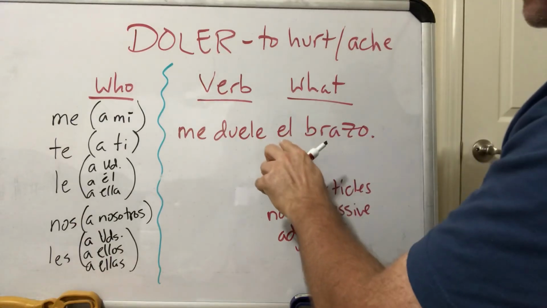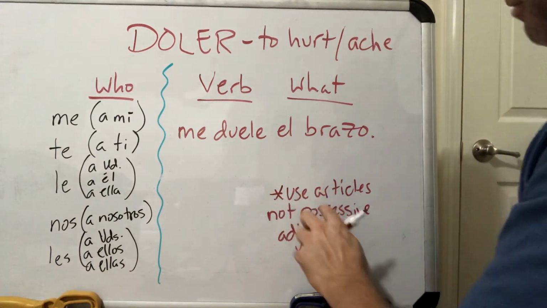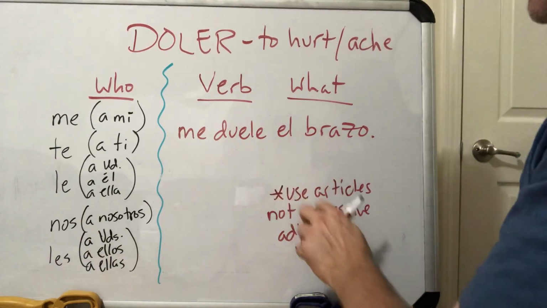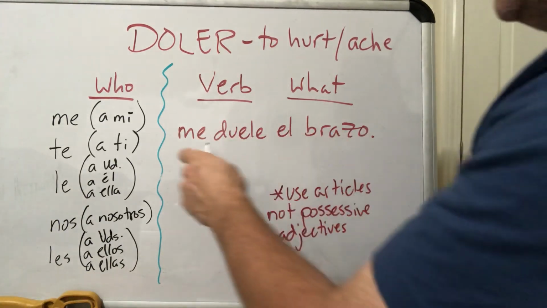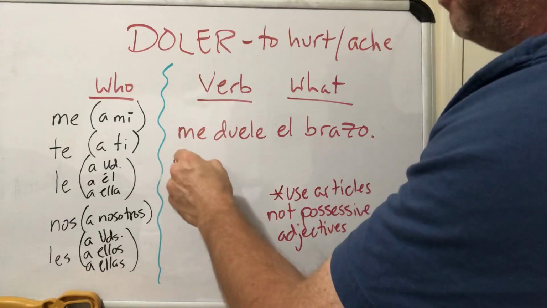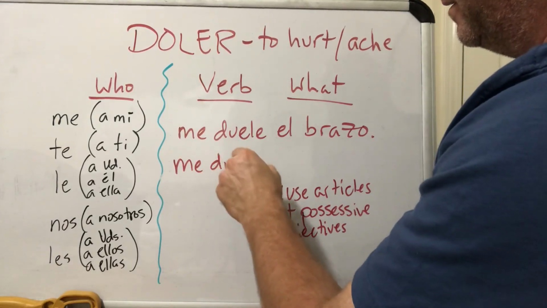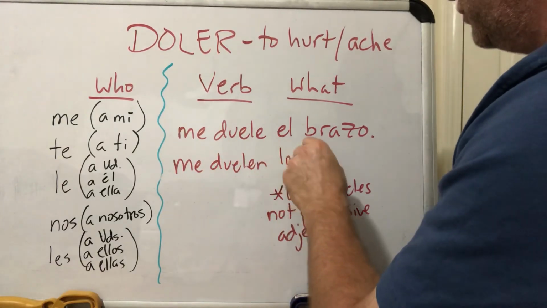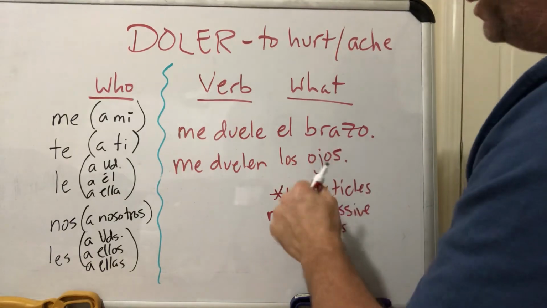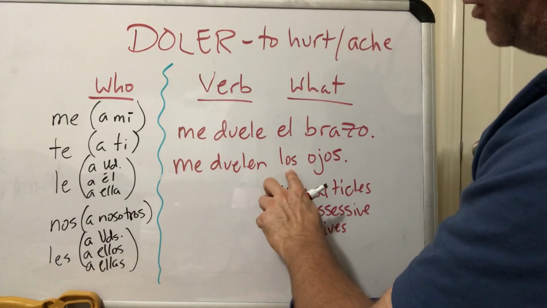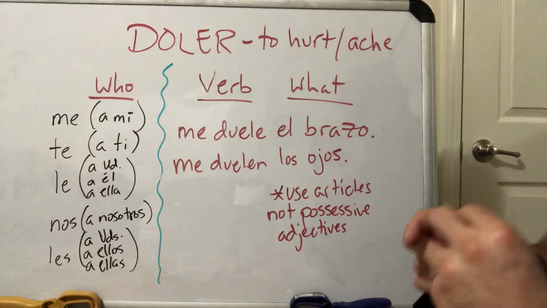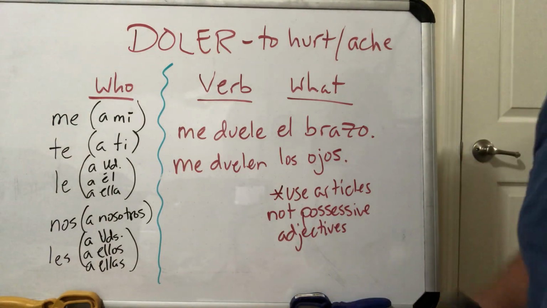You're going to use the el, the la, the los, or the las. That's what I meant by an article. Don't say mi brazo here. So me duele el brazo. And if it's your eyes, you say me duelen los ojos. Again, because eyes is plural, we pick duelen, and we still use the article and not mis ojos. Okay, that's the verb doler.